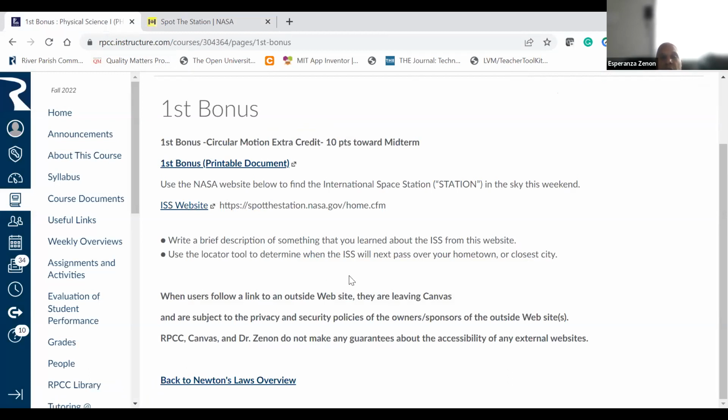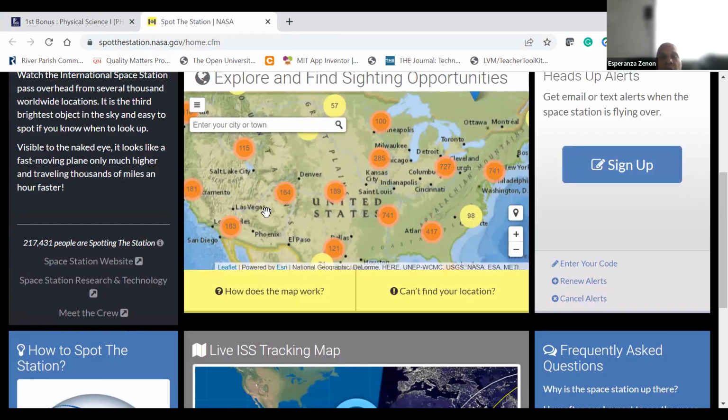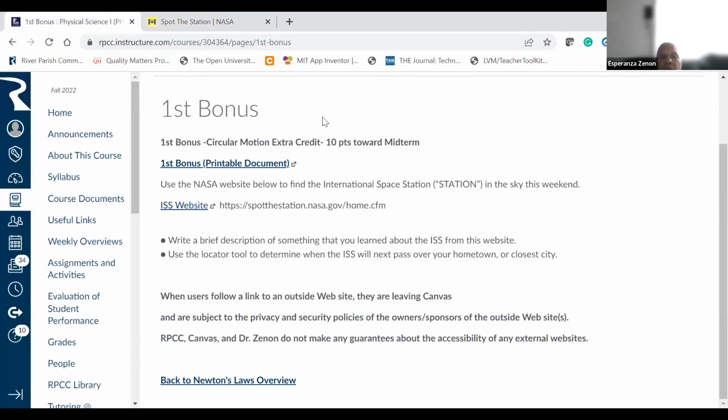And then there's a locator tool. Okay, so here it says find the International Space Station, right? And so you have to enter your city or town, and then use it to see when the International Space Station is going to be passing near your hometown.